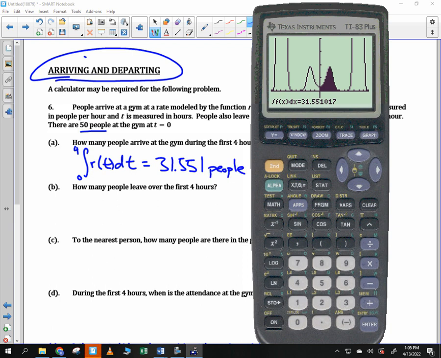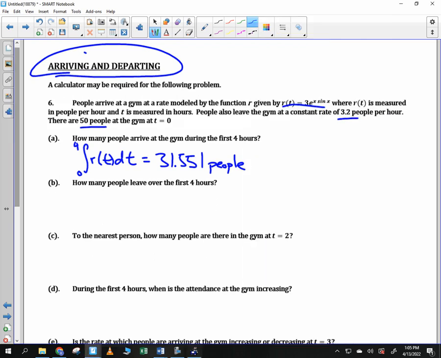How many people leave over the first 4 hours? How'd you get that? Yeah, there's 3.2 people leaving per hour, right? And actually, if you did the integral from 0 to 4 of 3.2 dt, notice what happens.